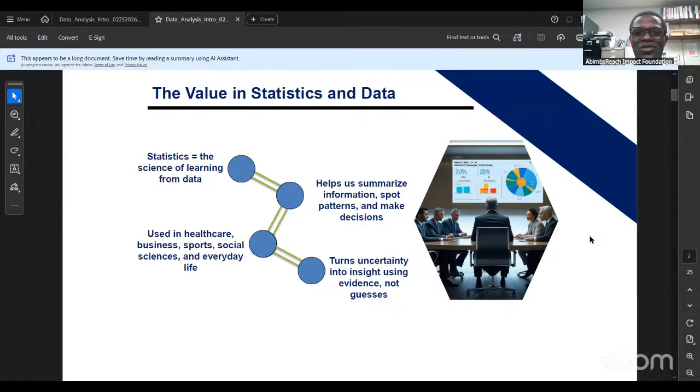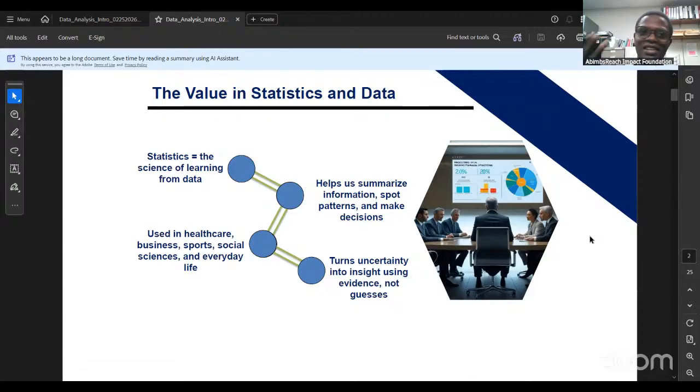So what is statistics? Statistics is basically the science of learning from data. The major thing in this training is data, and we generate data from a process. The process can be revenue and sales, or health outcomes, perhaps people going for checkups at the doctor's office and their BP being measured at every point in time.